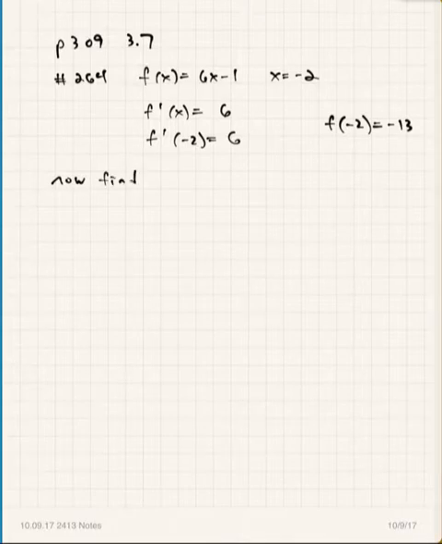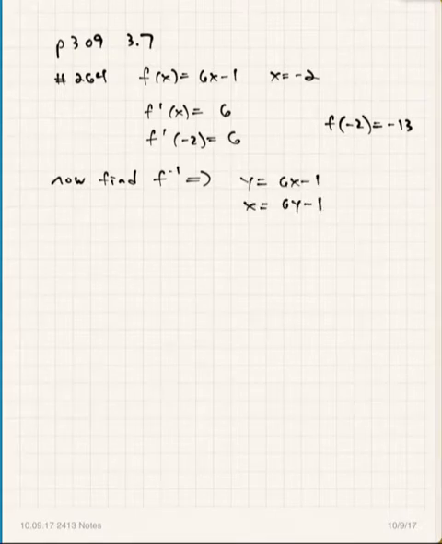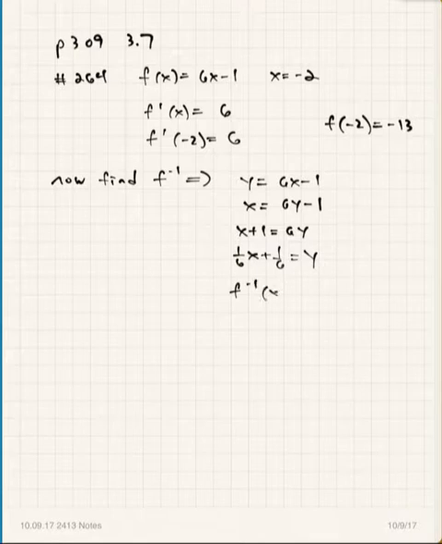Now find f inverse. To find f inverse, we switch x and y. So you have x equals 6y minus 1. You solve for y: x plus 1 equals 6y. Then you multiply by 1/6 and you get 1/6 x plus 1/6 equals y. And so f inverse here is equal to 1/6 x plus 1/6.